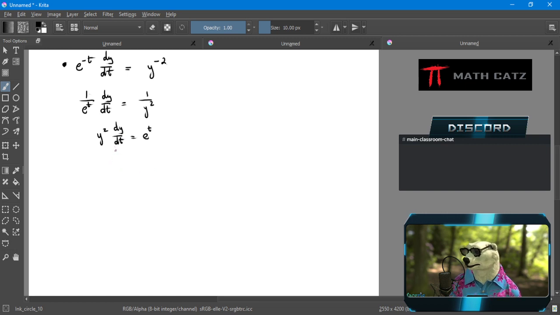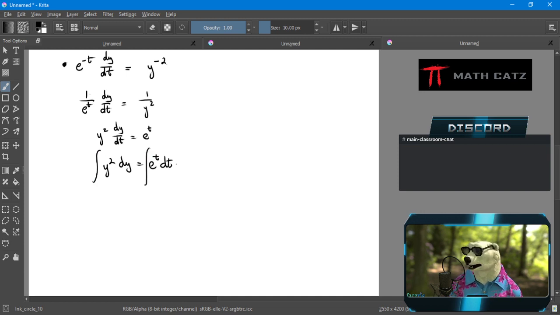Last thing to do, separate the differentials as well to get to my, oops, that's an ugly t, to get to my separated version of the differential equation. Same thing always, we're just practicing and that repetition helps me to get some confidence.